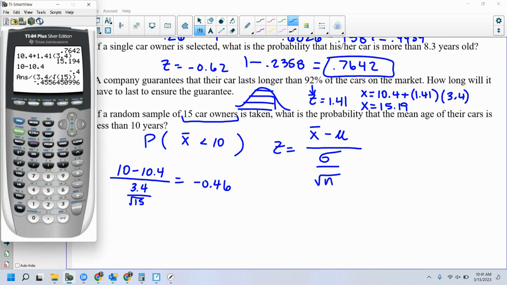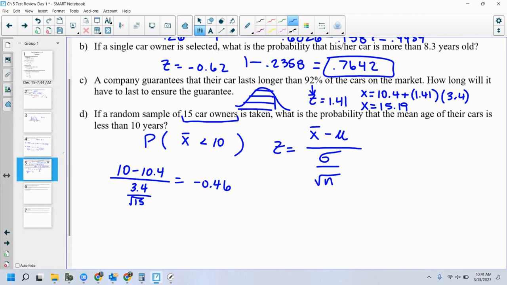That's the z-score that we're going to use. And I don't need to do anything funky with it because I say less than 10 years. So I don't need to do any sort of 1 minus or anything like that. So negative 0.46, on the negative side, is 0.3228. Good there?